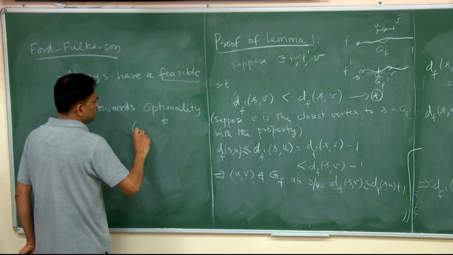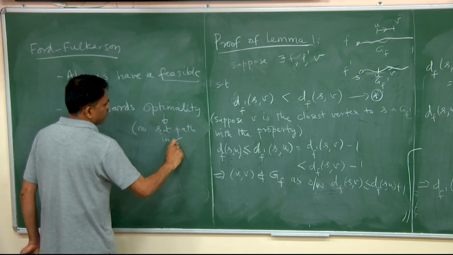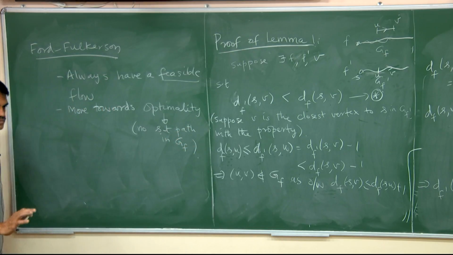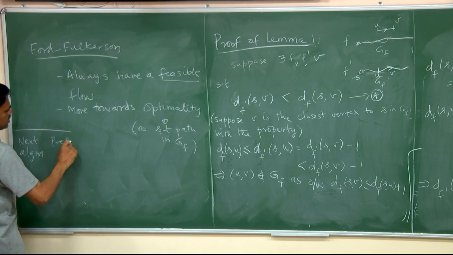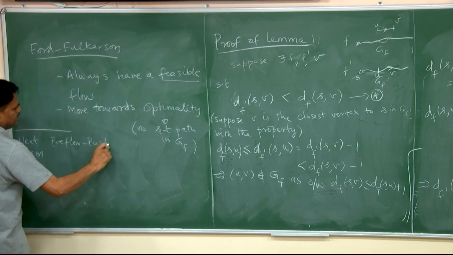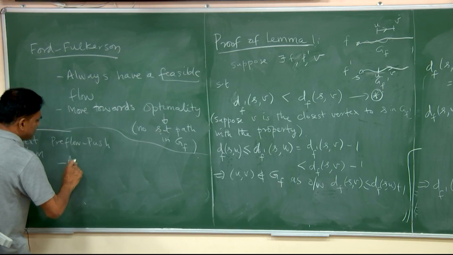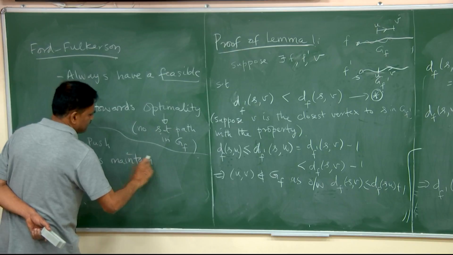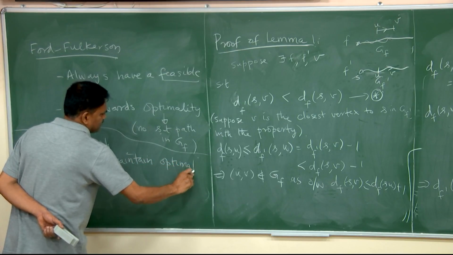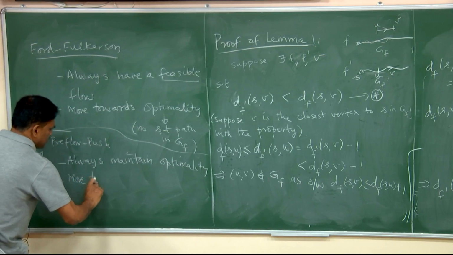And what is the optimality condition? No s-t path in G_f. Now, the next algorithm we will see is actually called preflow-push. It's an interesting paradigm by itself: always maintain optimality and move towards feasibility.